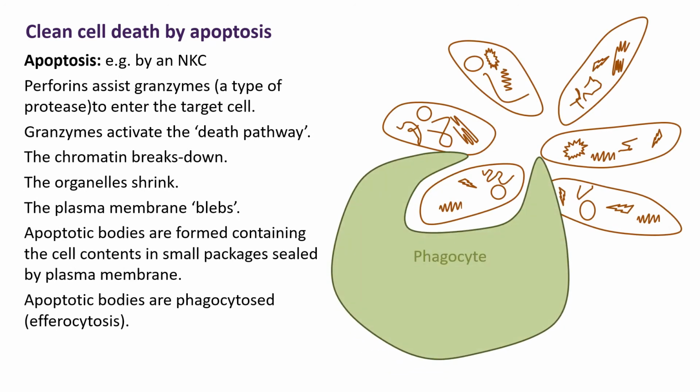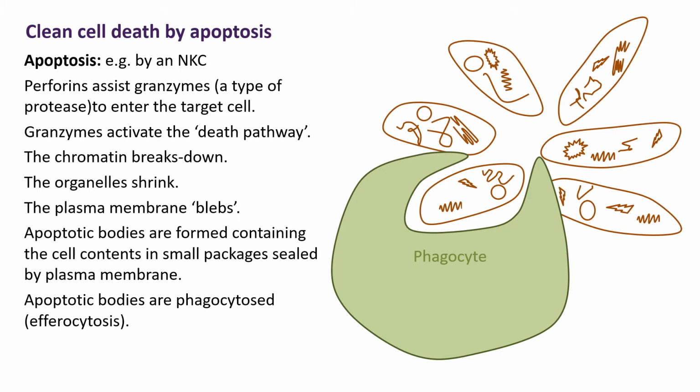But what the blebbing leads to is that the plasma membrane will meet up and fuse around these apoptotic bodies. So everything that was in the cell ends up being sealed separately, admittedly, but sealed in plasma membrane. So it's fully enclosed.